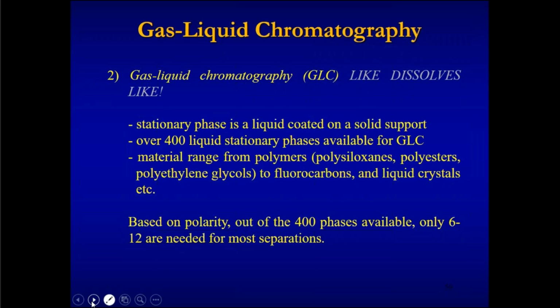The materials range from polymers like polysiloxanes, polyesters, polyethylene glycols to fluorocarbons and liquid crystals, etc. Based on polarity, out of the 400 phases available, only 6 to 12 are needed for most substances. This is what we see in gas liquid chromatography.